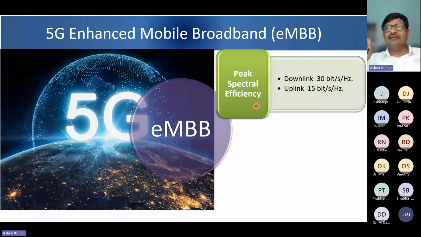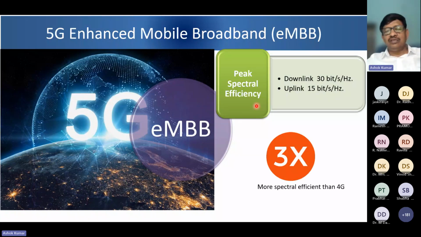So with 100 megahertz spectrum, Airtel and Jio can achieve up to 3 Gbps of peak data rate. That means 1 BTS will have a total capacity of about 3 Gbps, which will get divided among different users, right? And that's why if you do a speed test on a 5G network, you get about 300, 200 or 500 Mbps, depending upon how many customers are there and how near you are to the base station, right? And so to conclude, it is 3 times compared to 4G.